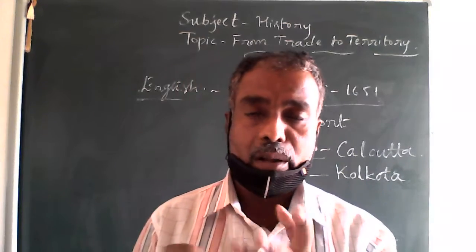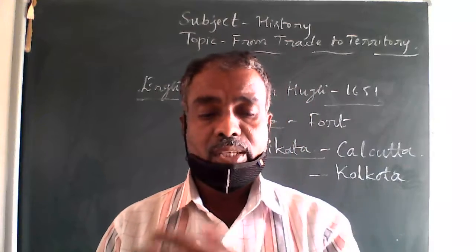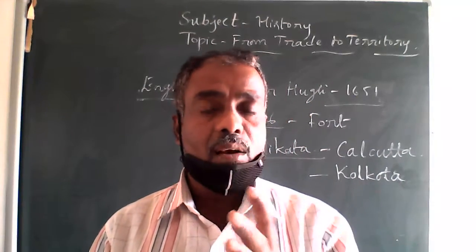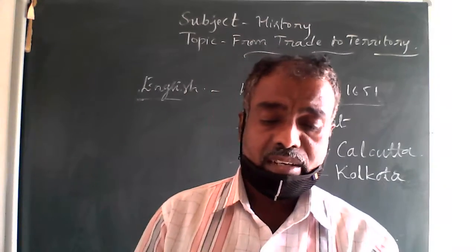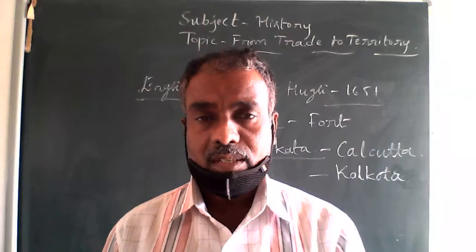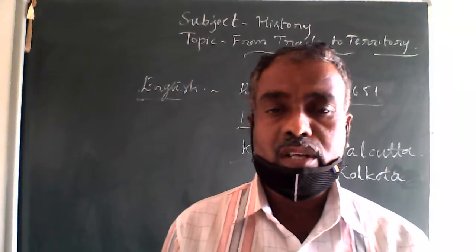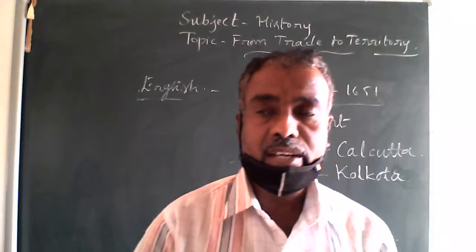Now, how could the Nawab of Bengal at the time, Murshid Quli Khan, protest? This is what we are going to learn, a very interesting turning point in Indian history.